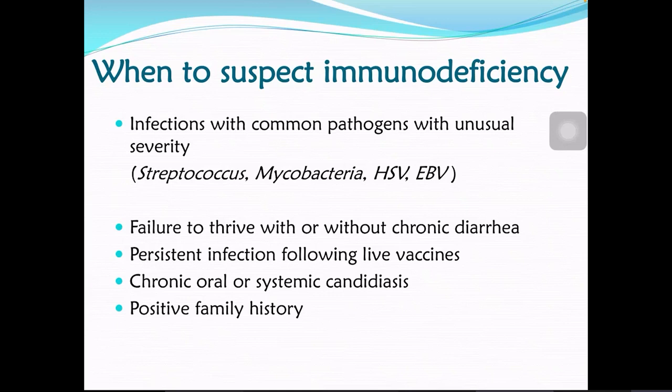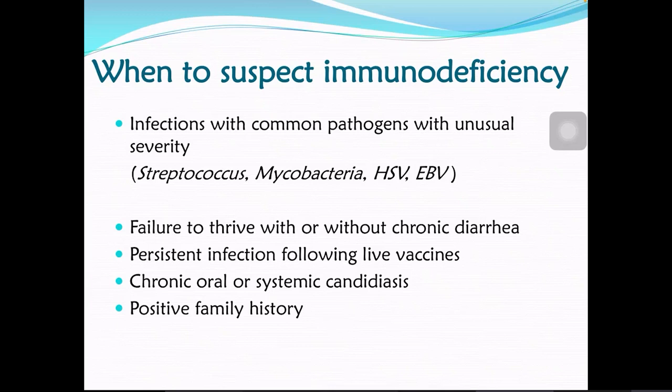They can also present with failure to thrive, that is, they are not gaining weight adequately, and not gaining weight adequately either may be associated with an ongoing diarrheal illness or it may happen without a diarrheal illness.